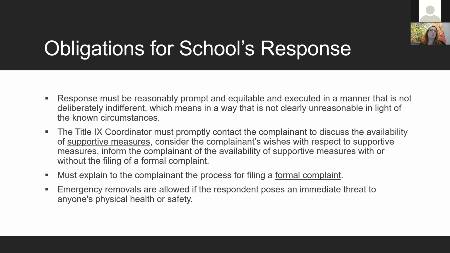Because if someone is experiencing sexual harassment, that's going to impact their social emotional well-being, their mental health and their physical health. So there might be some extra services that you need to provide. And if they have a 504 or an IEP, there may be some disability services that you need to provide. Those are just some examples of supportive measures, but it's not exhaustive.